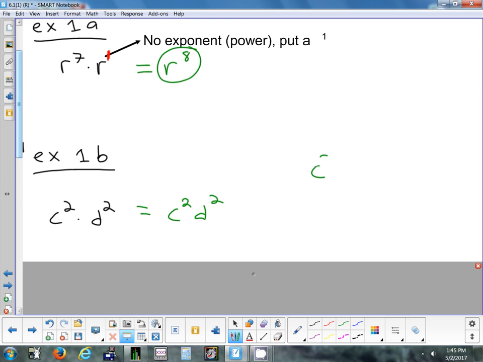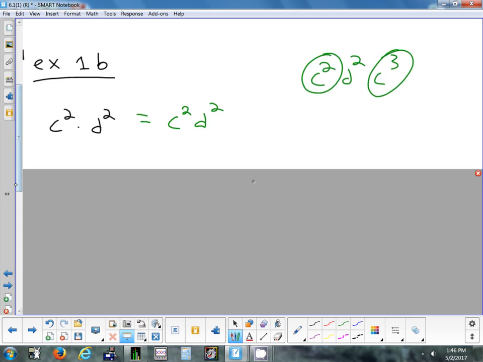Now, if I had something like C squared, D squared, and then C cubed, there's something I could do here. I have something with a C, something else with a C. Those could be combined. Okay? The D doesn't have anything you can combine it with. So, any questions why this one you can't simplify?